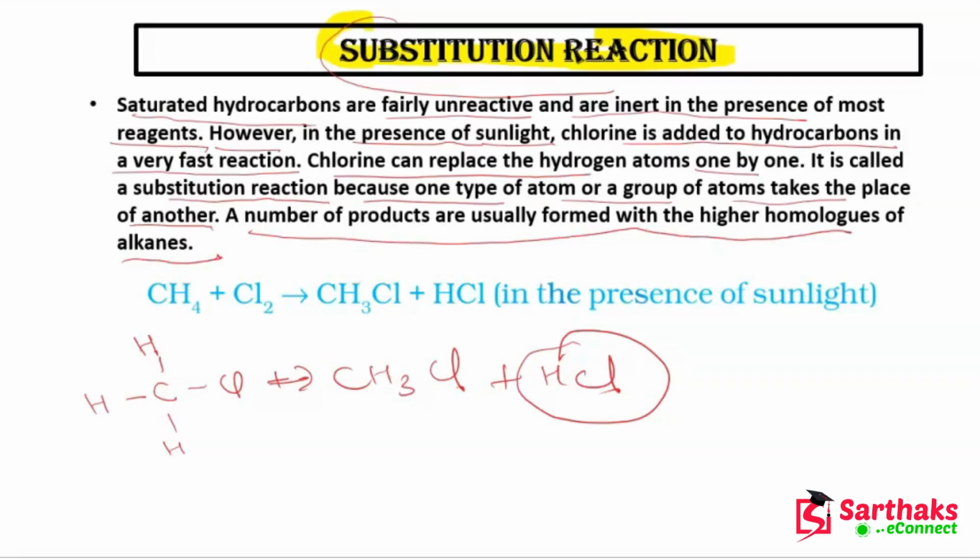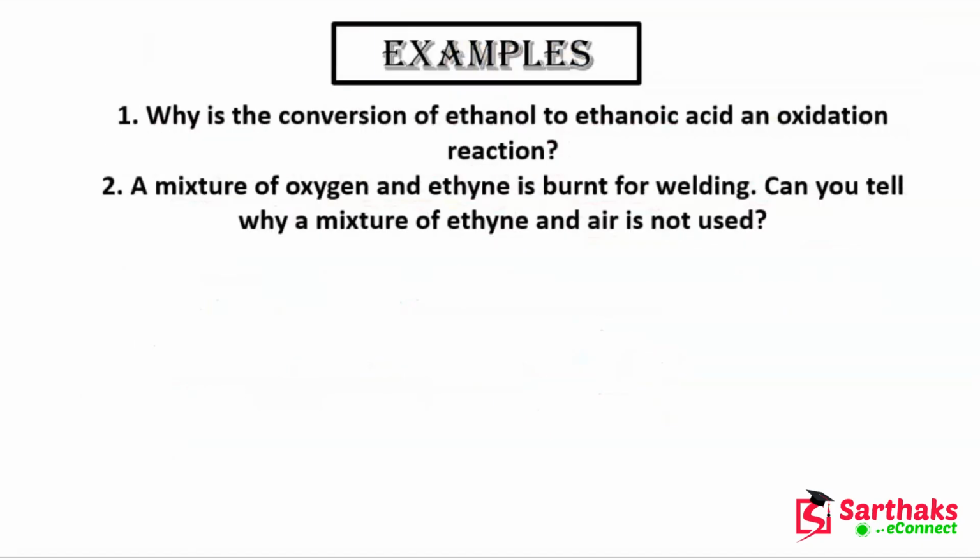I hope this is all clear to you about the substitution reaction. If it is clear, let's move on to the next slide and talk about some examples. This is example number one.